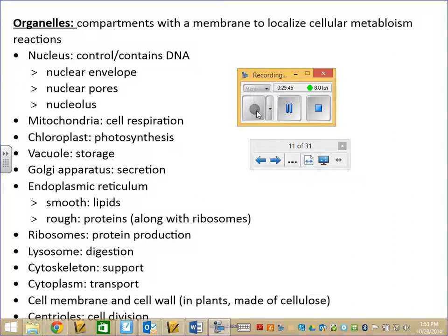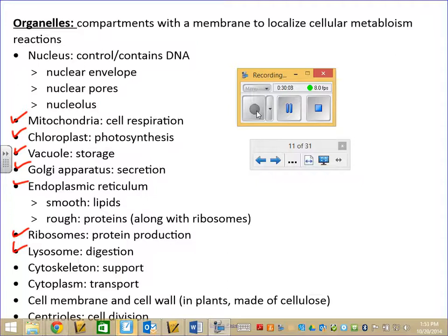This slide sums up all of the organelles. We've already done a bunch of them, like we already mentioned, mitochondria, chloroplast, vacuole, Golgi apparatus, endoplasmic reticulum, ribosomes, and lysosomes. So the ones that we didn't mention specifically already are the other ones that are on this list.